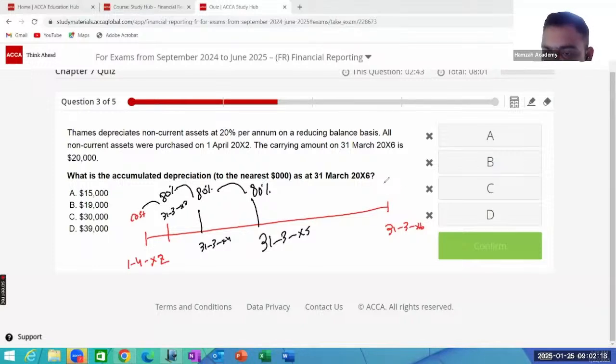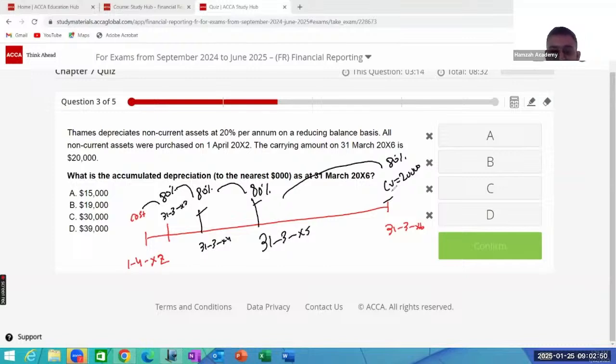And then on 31st March X6, the carrying value is 20,000, and this 20,000 is 80% of the previous carrying value. So year 1, 2, 3, and 4. It's been 4 years since we purchased this asset.